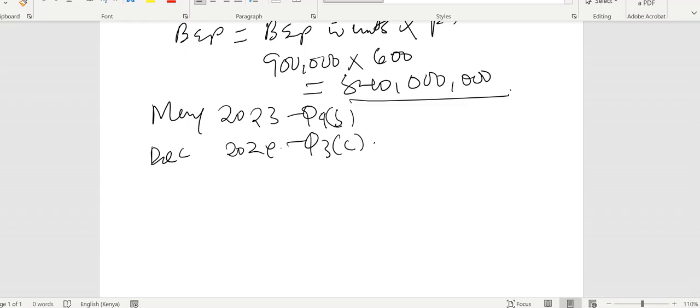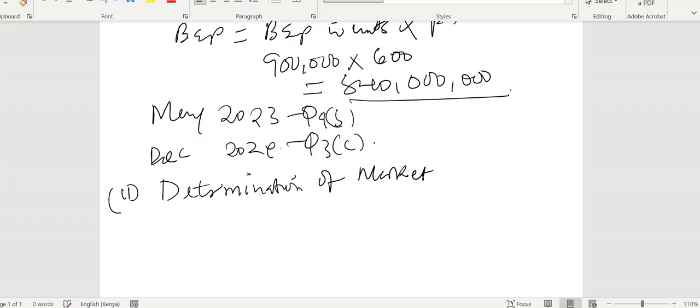Application number 2, determination of market equilibrium.